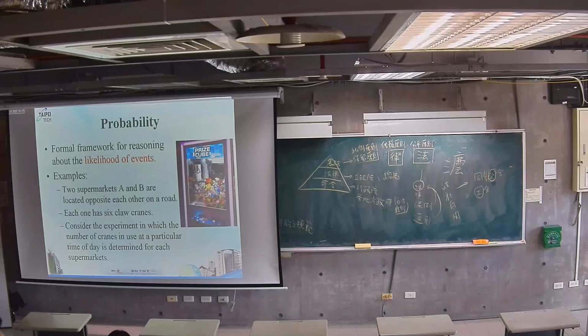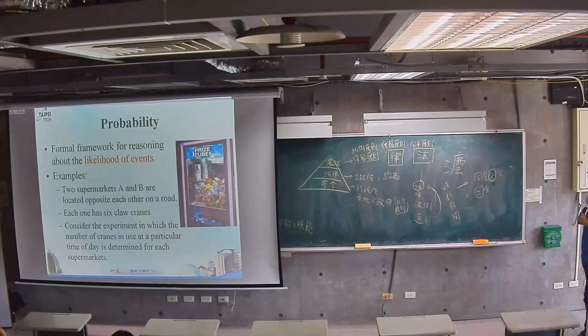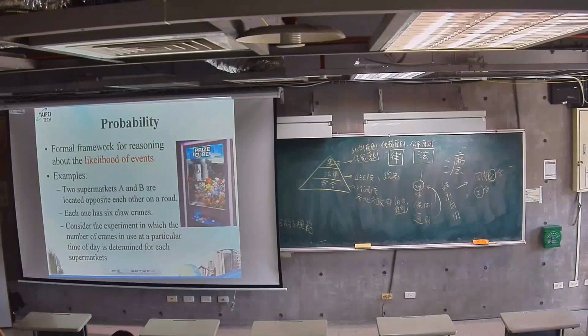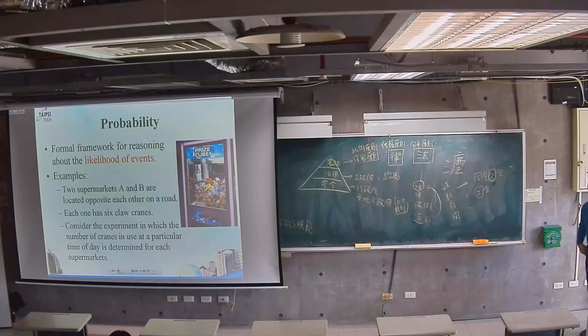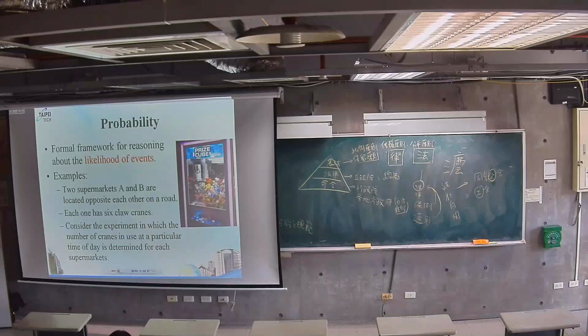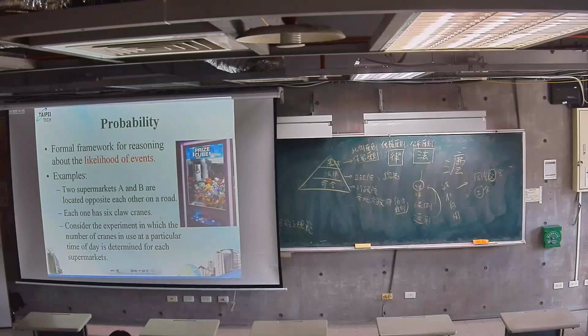Now suppose that we have two supermarkets, A and B, and these two supermarkets are located opposite to each other on a road. Each supermarket has 6 cloud cranes.